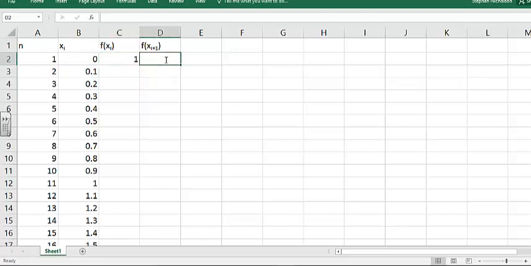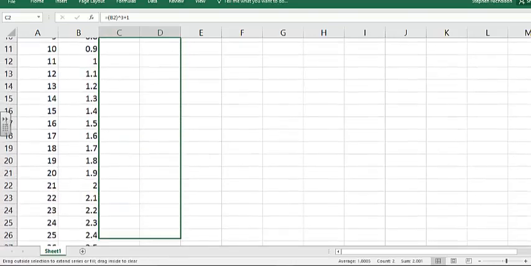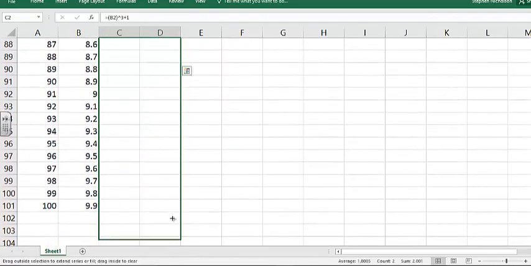And then I'm going to evaluate the function at the next value of x, f of x sub i plus 1. So that's cubed plus 1. That's the value of the next part. The curve's getting larger. Now I can copy those equations all the way down to the bottom.